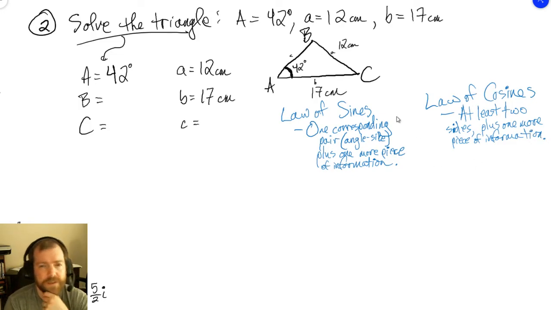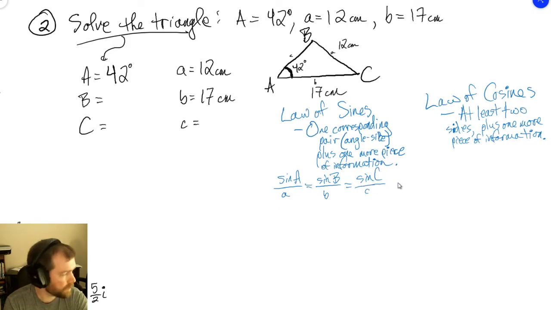Now, why is that the case? Well, for law of sines, what we have is that the sine of A over A is equal to the sine of B over B is equal to the sine of C over C. You can use any of these that you would like to figure out.